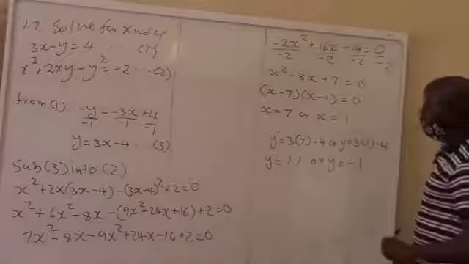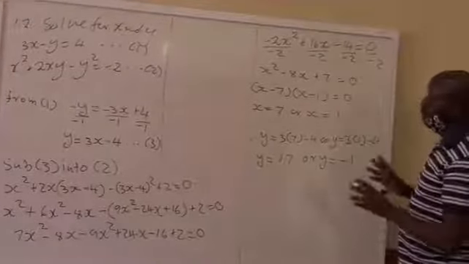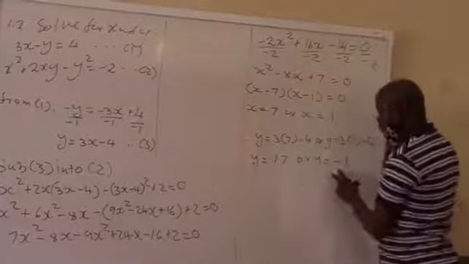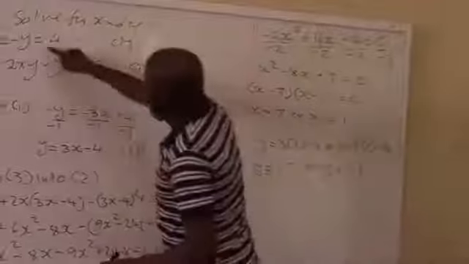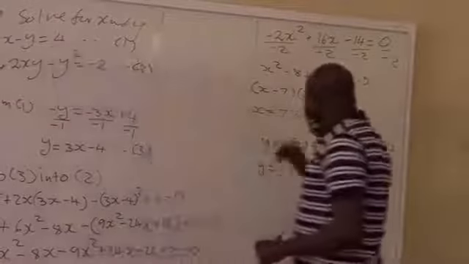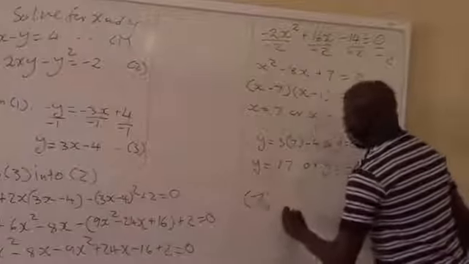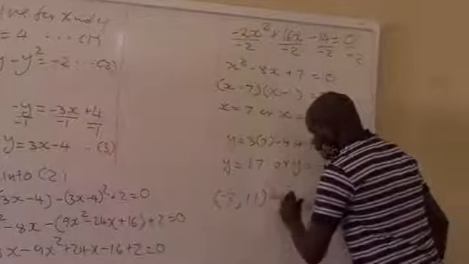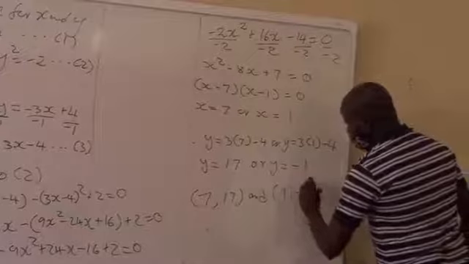So now we have solved our simultaneous equation, or the values of x and y. So now we have x is equal to 7 and y is 17, meaning that these two equations, or these two graphs, intersect at x is 7 and y is 17, and where x is 1 and y is negative 1.